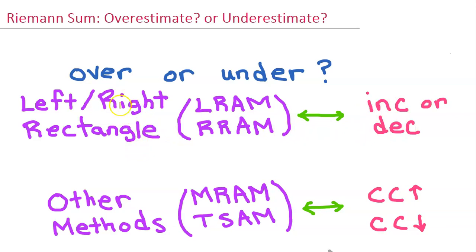And you don't need to know which is which, left, right, increasing, decreasing. You can just use your sketch for that. What matters is that in this case, we are dealing with a left rectangle Riemann sum. So the justification will depend on whether the function is increasing or decreasing.